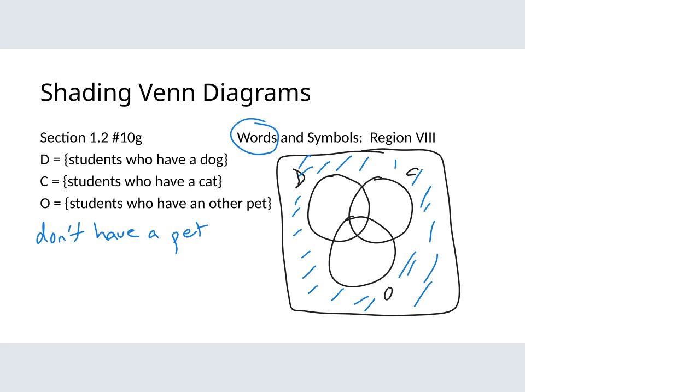If I wanted inside the circles, that would be D union C union O. That would shade everything inside the circles. Take a second, think about that. And if instead I want to flip my light switch so that everything inside is unshaded and what's outside becomes shaded, I just want the complement of that.